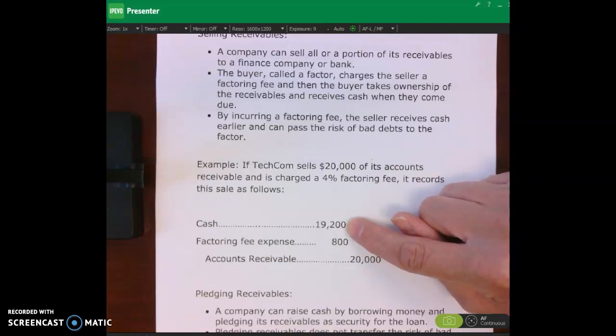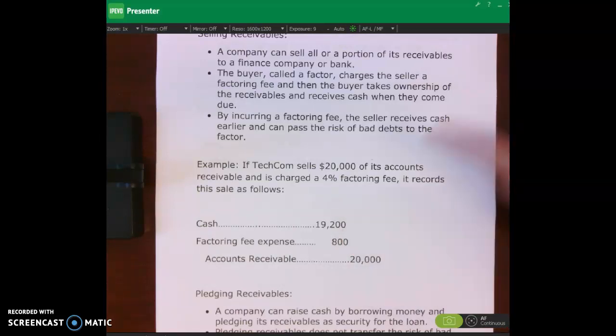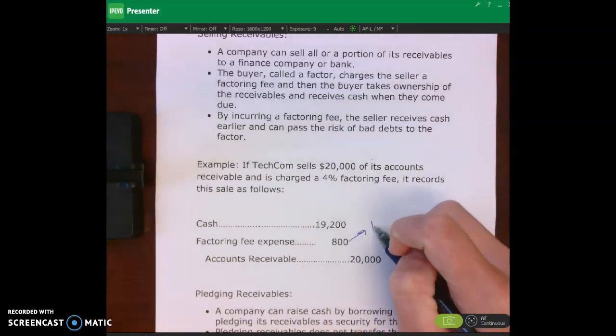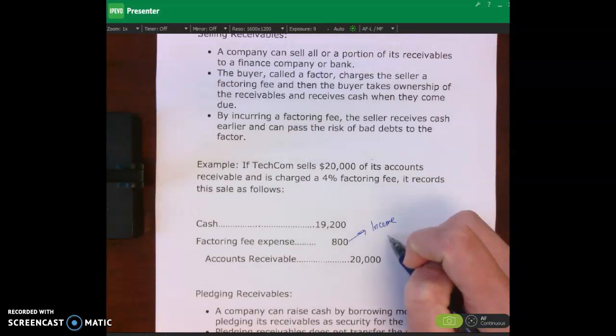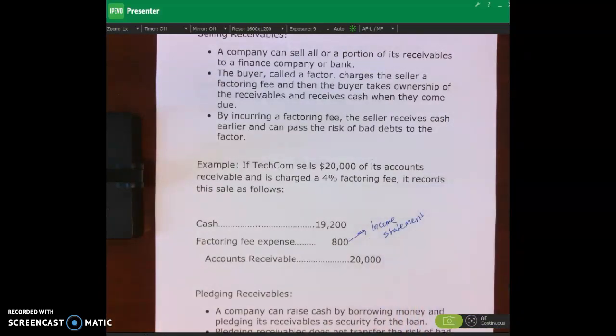You'll get a percentage of those in cash, and then a percentage goes to your factoring fee. And of course, this factoring fee expense would be another expense on the income statement. And I'll write that down. Income statement, that would show up on the income statement. Okay? And so that would, of course, lower net income.